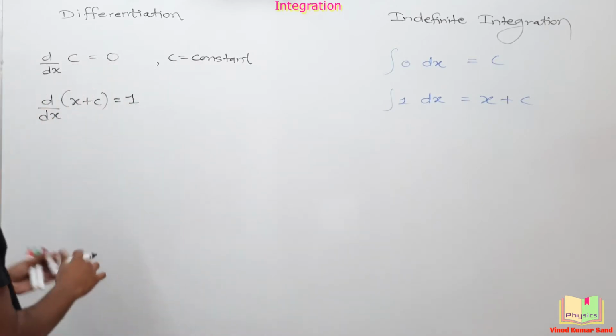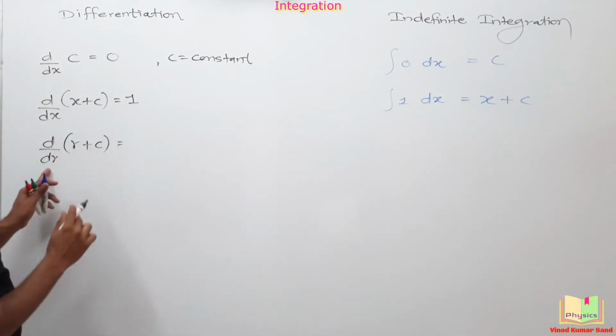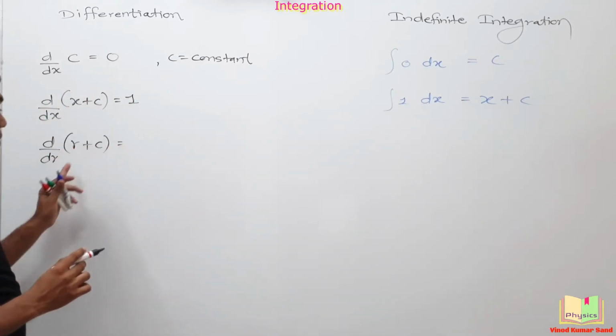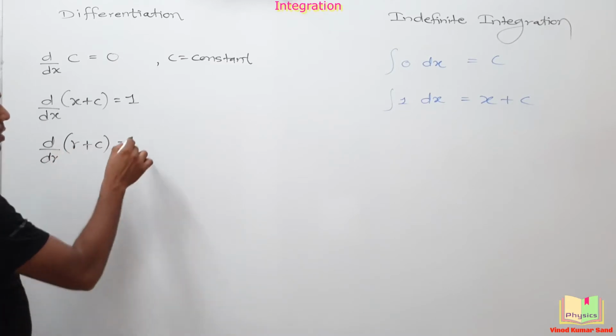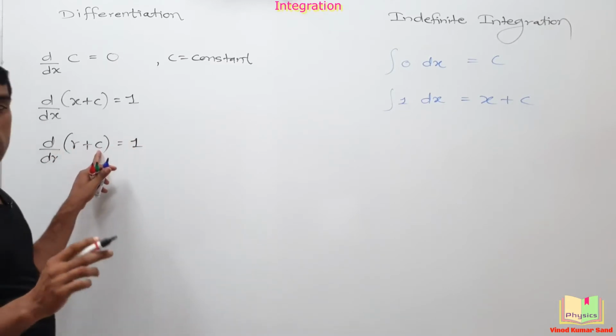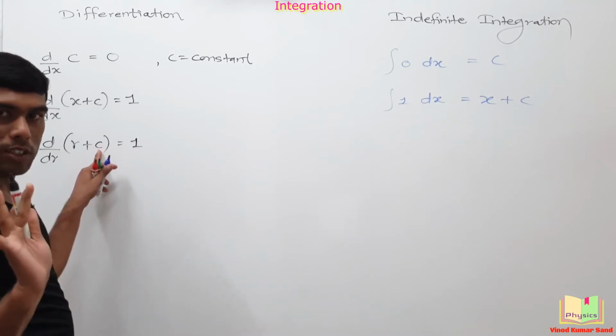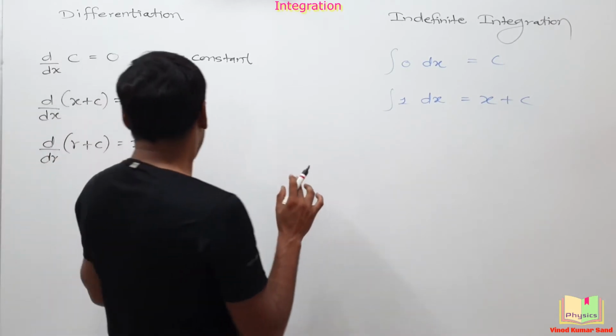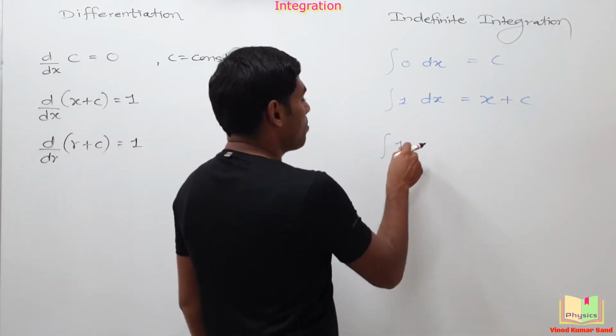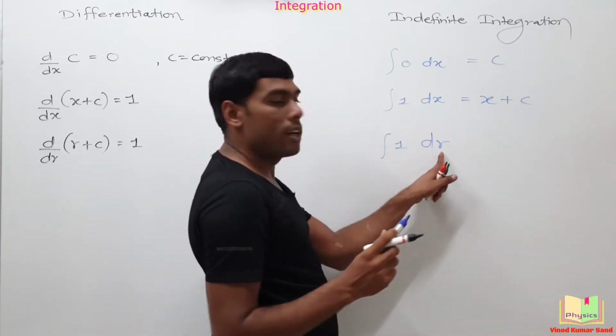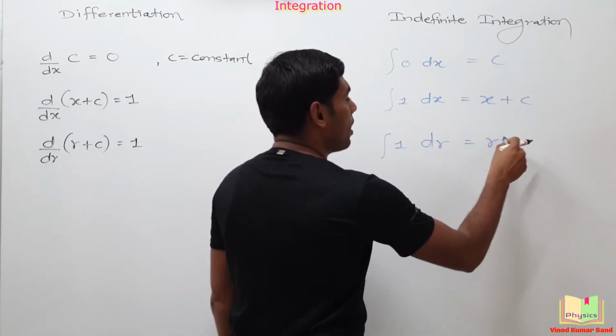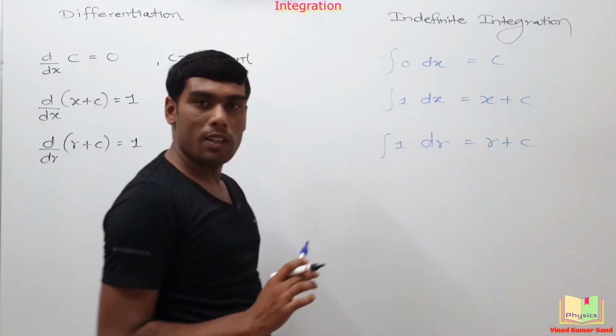Okay, taking another example. What should be the answer here? Differentiation of r with respect to r is 1, and differentiation of c, a constant, is 0. If you integrate this 1 with respect to the variable r, then your answer will be r plus c.